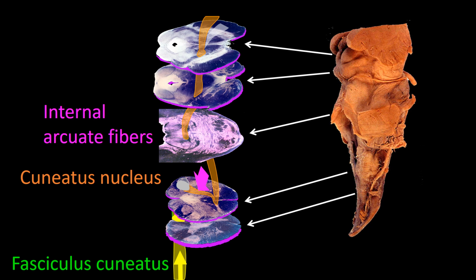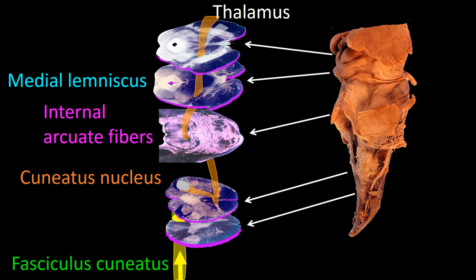The axons from these second neurons send fibers to the opposite side of the medulla, forming the internal arcuate fascicle, which after crossing the midline go up as the medial lemniscus. The fibers of the medial lemniscus ascend through the upper medulla, pons, and midbrain, going towards the thalamus.